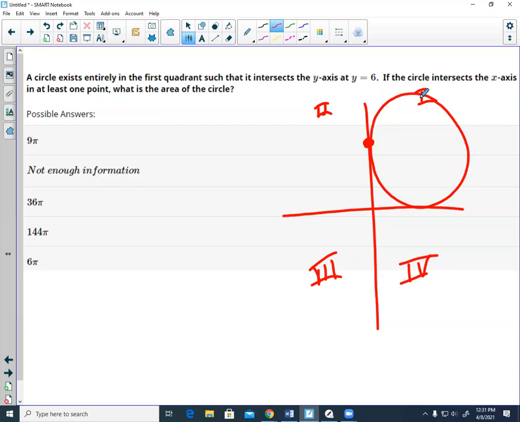And I know right now, from looking at the way this thing is from here to here, the radius is going to be 6. So this radius right here is 6, which means that this radius also has to be 6. So if my radius is 6, then the area is pi r squared, which is pi times 6 squared, which is going to give me 36.